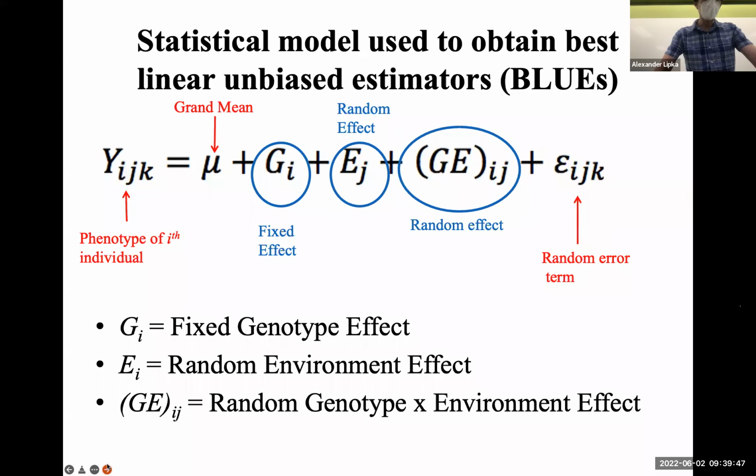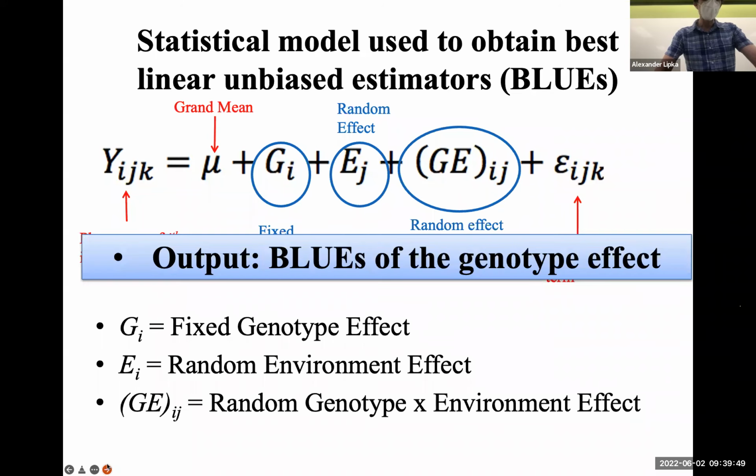Then we have our random error term and our random mean. So our output is going to be best linear unbiased estimates of the genotype effect. And since G of i is a fixed effect, we are allowed to call them estimators. So we call them best linear unbiased estimators, or BLUEs.